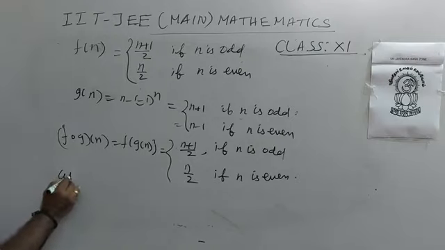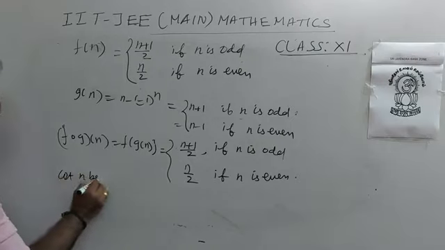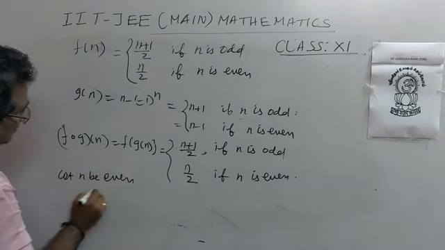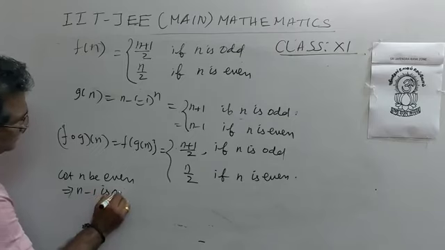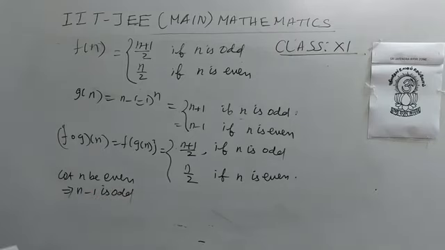Let n be even, which implies n minus 1 is odd.